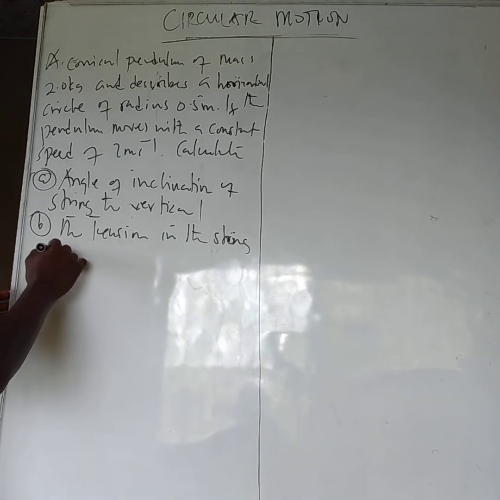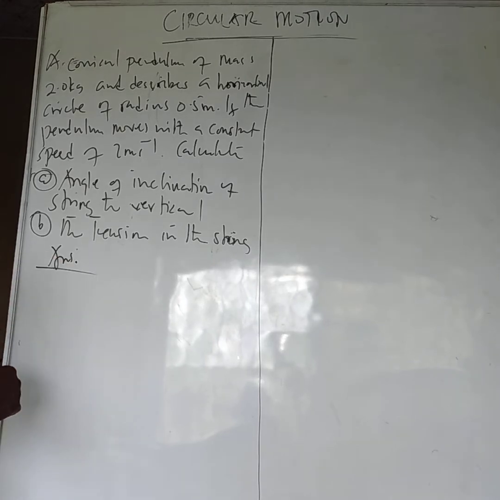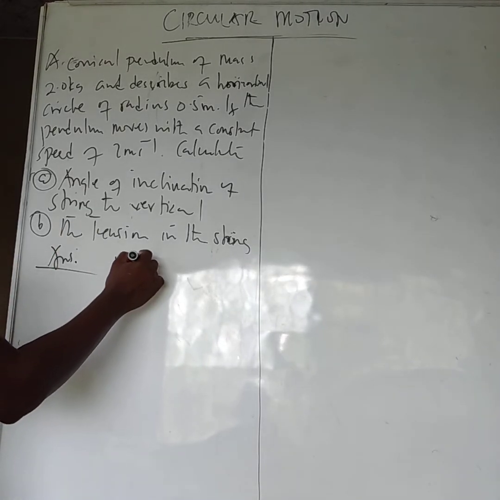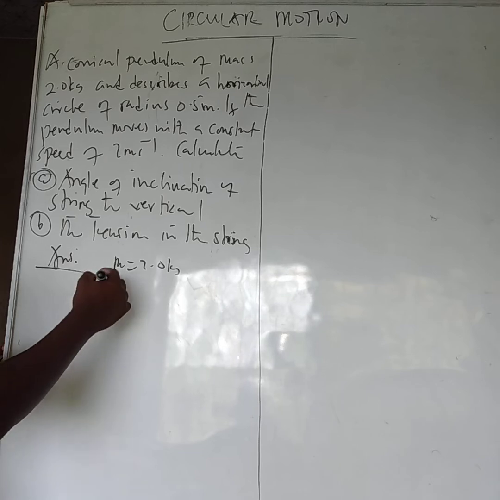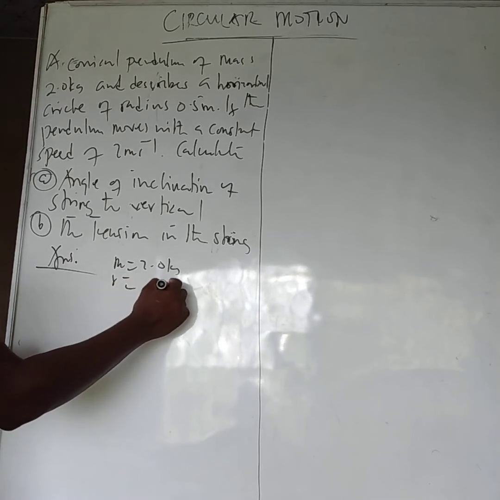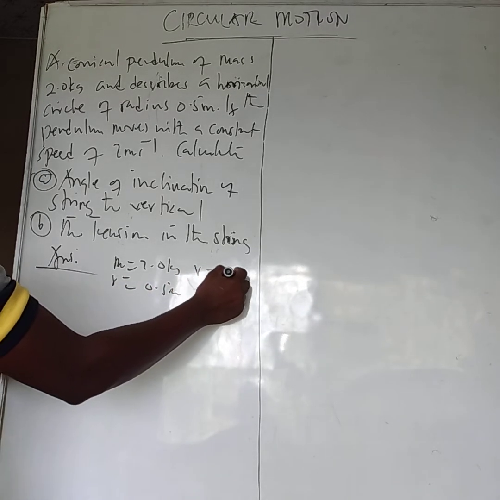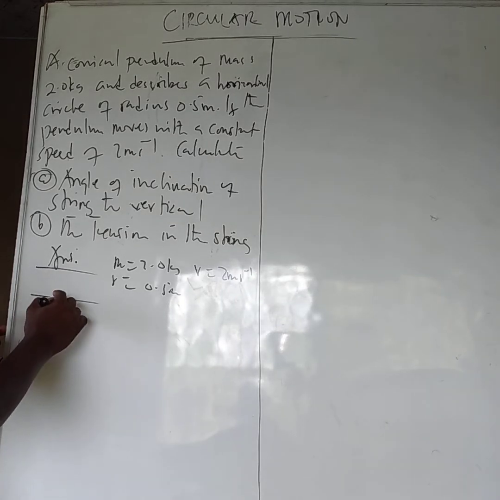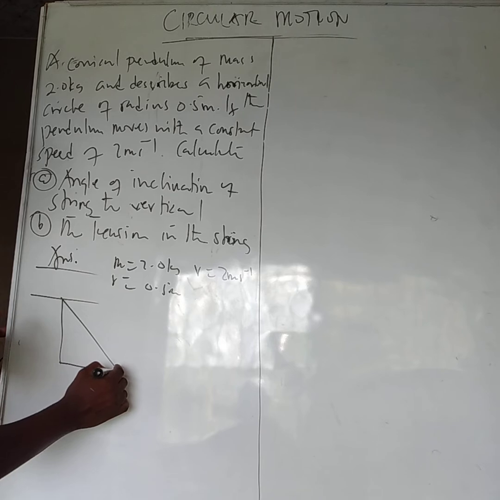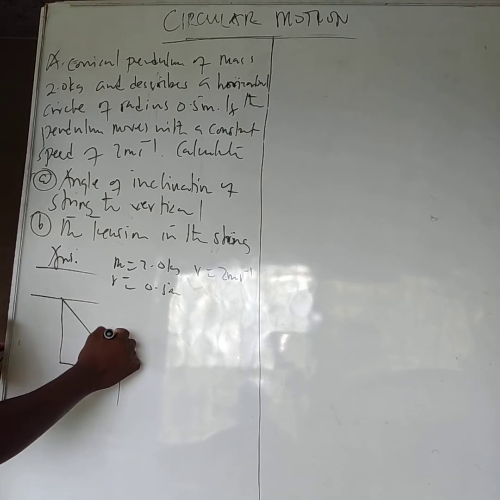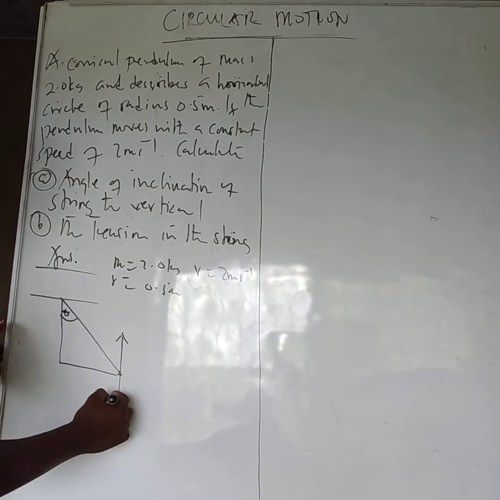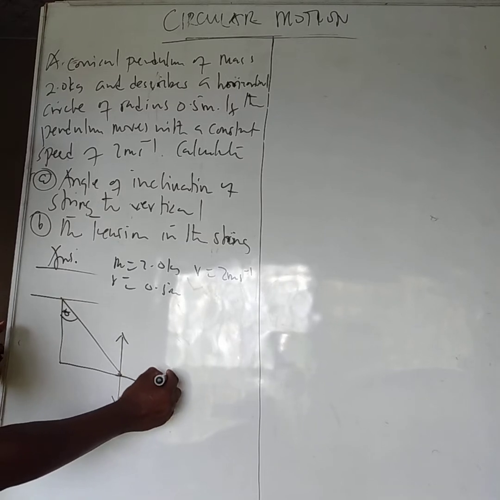First thing, I would like to just draw a diagram. So I have a mass of 2.0 kilogram, a radius of 0.5 meters, and a speed v of 2 meters per second. Let me quickly draw my diagram so we know what is going on here. In our diagram, this is our angle theta. This is mv squared over r.